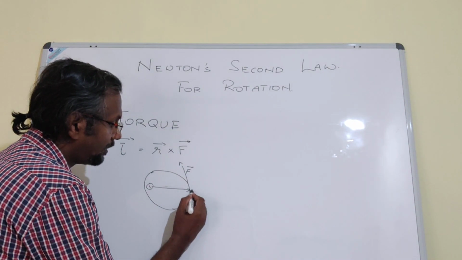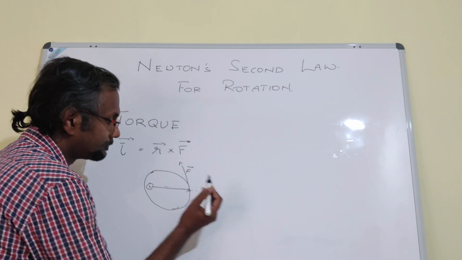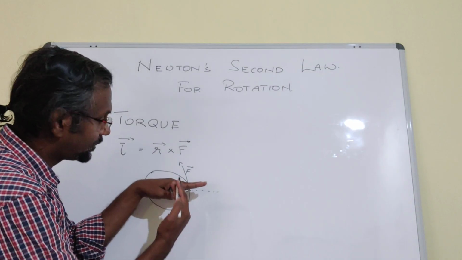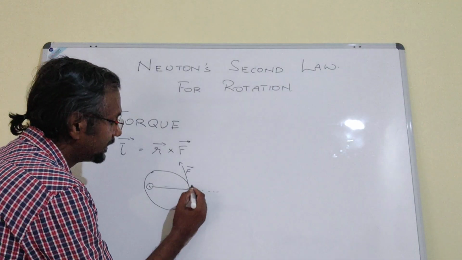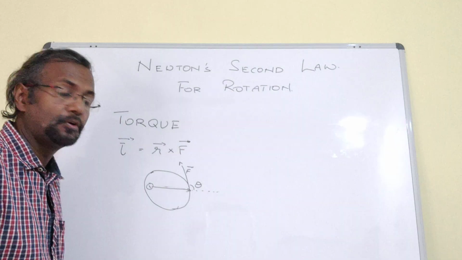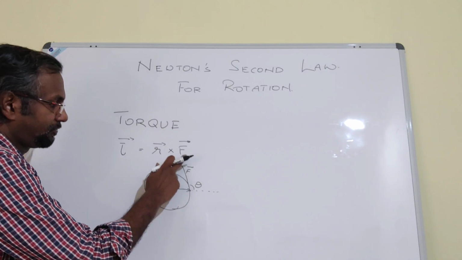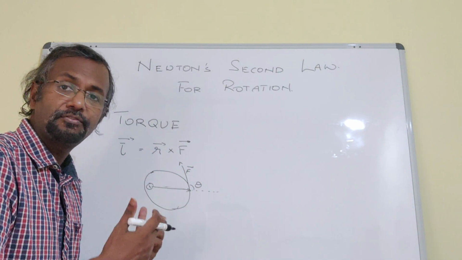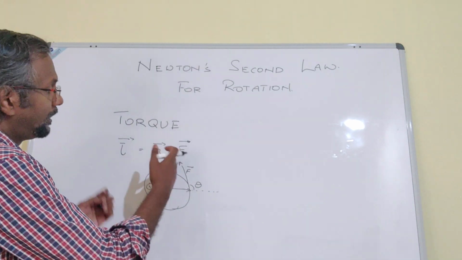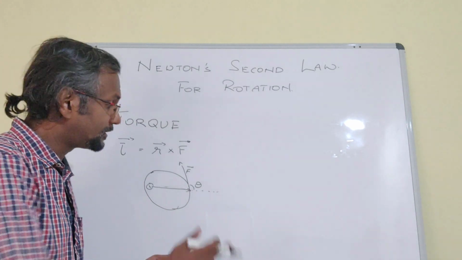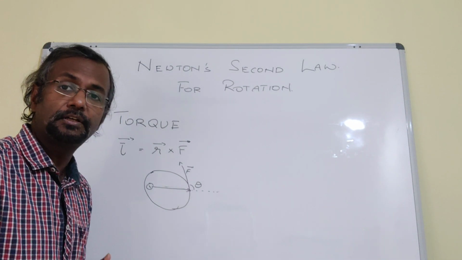And the direction of R is in this direction, and the direction of the force you're applying is here, and this angle is called theta. So this is R cross F, right? The two vectors, with the angle theta between them, we know R cross F is RF sine theta. This is the theta that we're talking about.